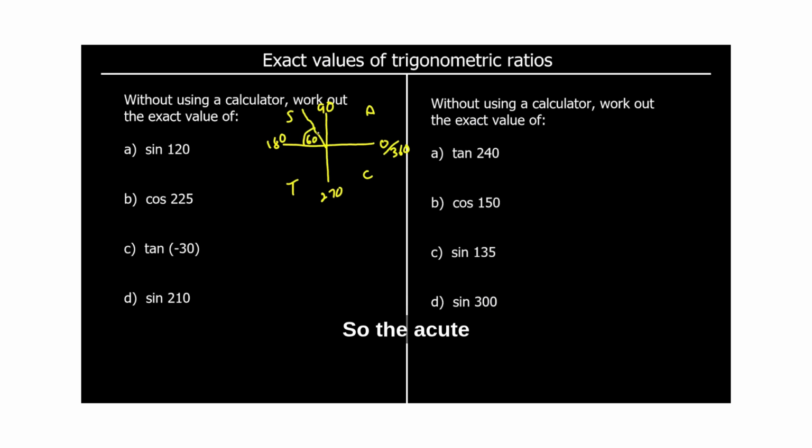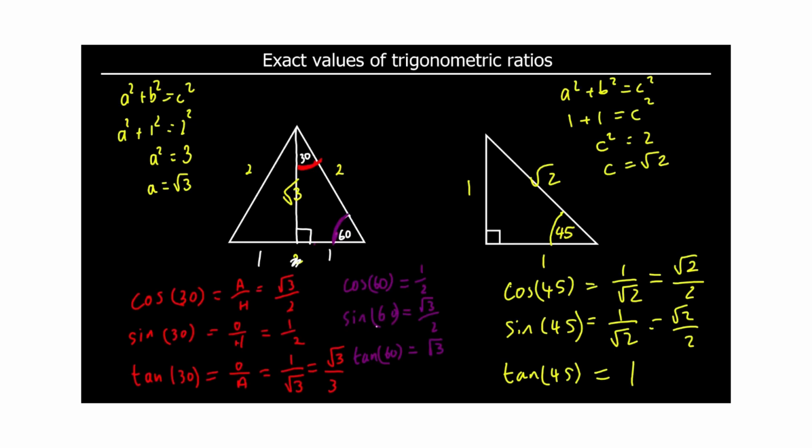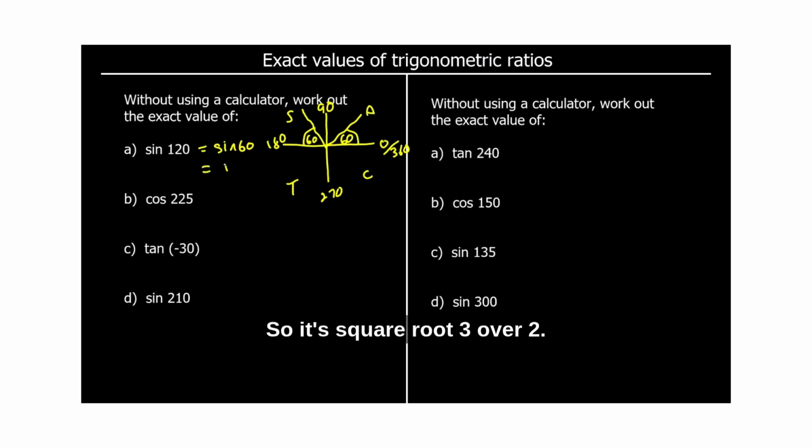So the acute angle with the x-axis is 60 degrees. Sine is positive, and it's also positive in the first 90 degrees. So sine 120 is equal to sine 60. And sine 60 is square root 3 over 2. So let's look back. Sine 60 is square root 3 over 2.